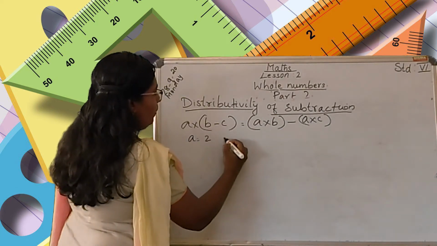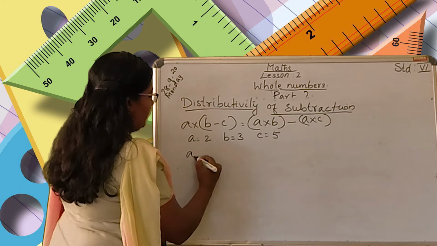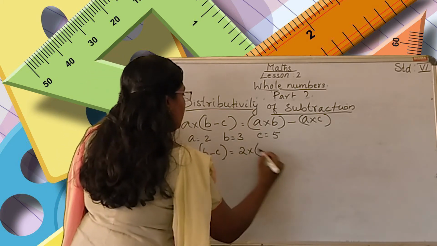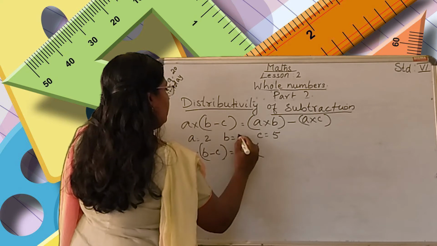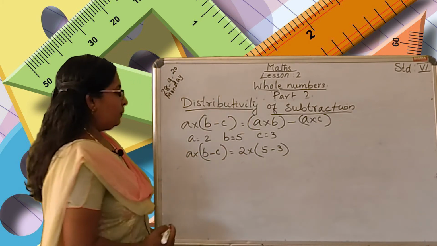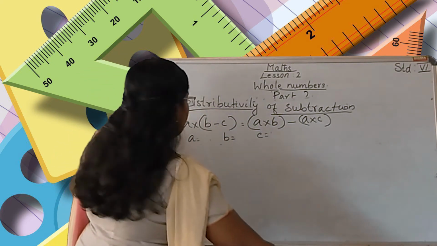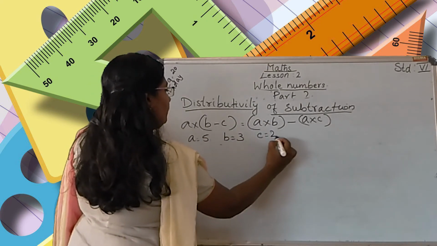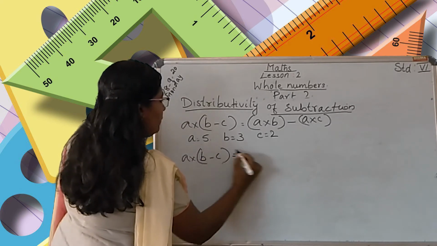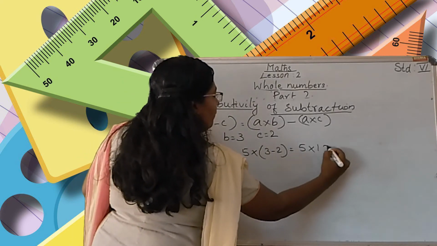A equal to 5, B is 3, C is 2. A into B minus C equals 5 into 3 minus 2 equals 5 into 1, 5.